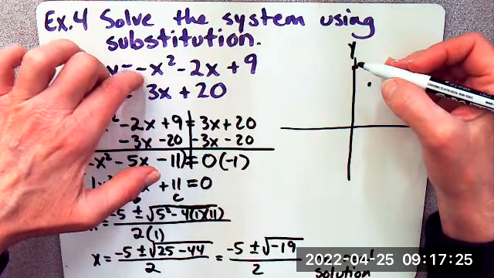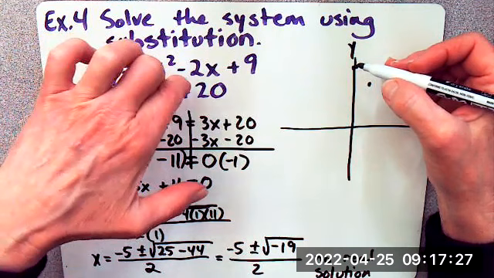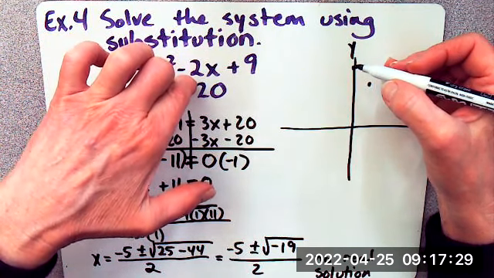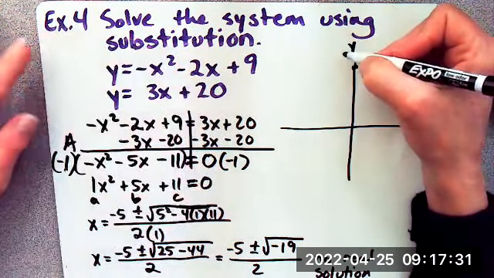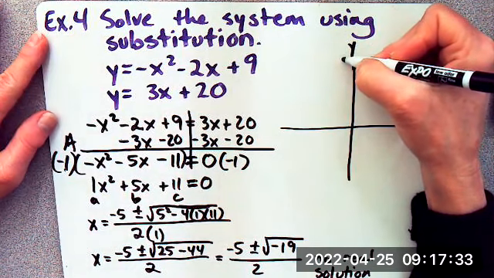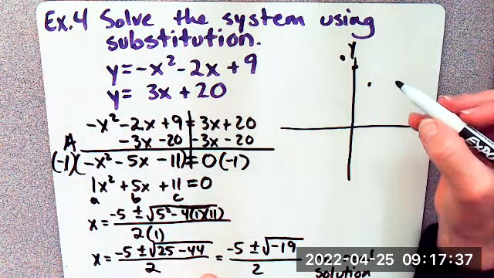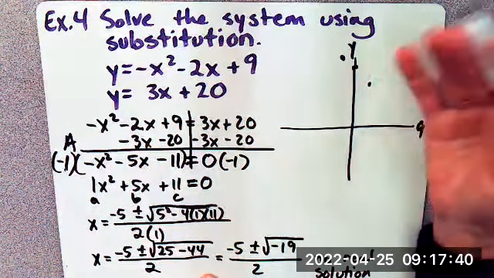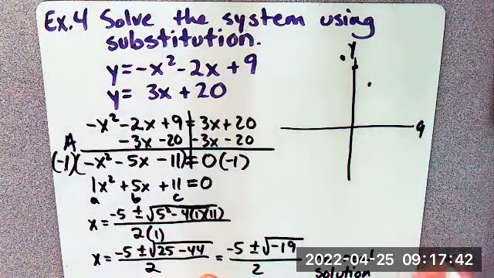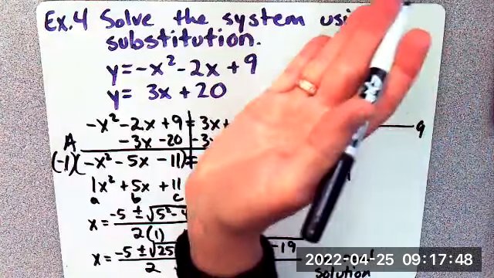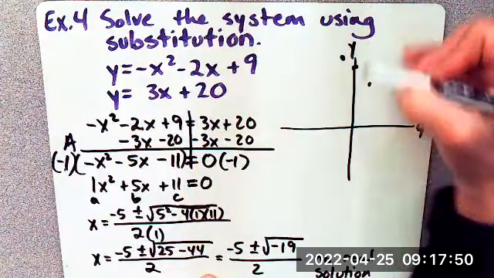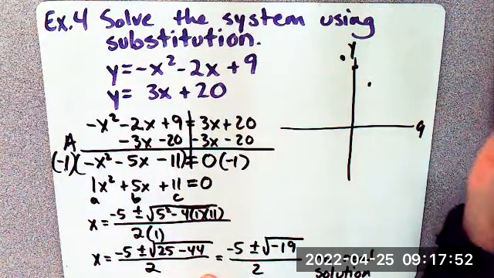So negative 1 here is 1, and that makes that a positive 2, which gives you 11. So that's 10. So it goes a little higher. All right, so we see we have something going on like that. And then plus 20 is way up there. It's possible, it just never meets.